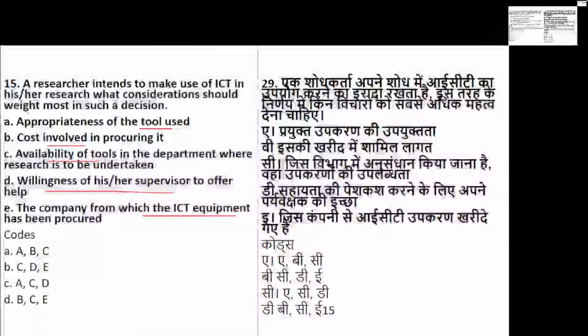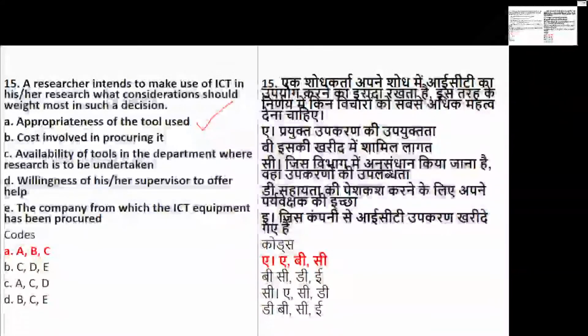So just see, let's see what is the right answer. In case you're talking about ICT, what will it indicate? So when you're talking about the use of ICT tools, you have to see that the tools are appropriate. What do you want me to repeat, Manjit?